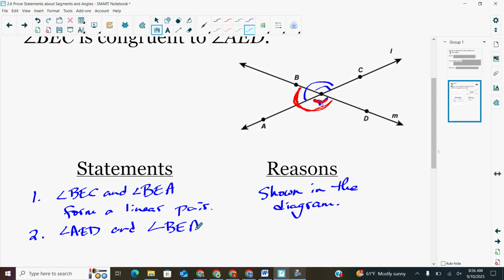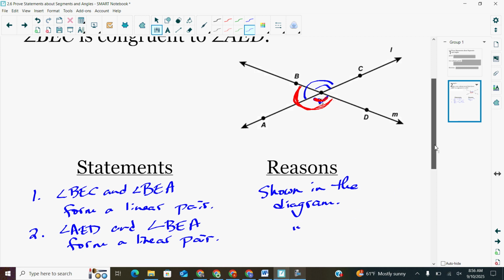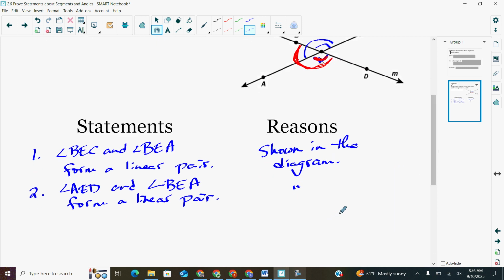Those are also a linear pair. And again, that's shown in the diagram. We can see that based on what they gave us in the diagram.